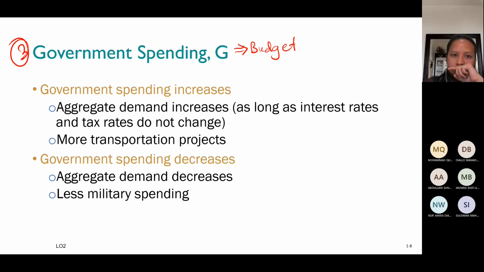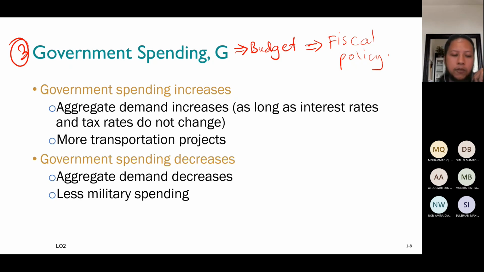Okay, and basically this is related to fiscal policy. Okay, how much the government spends and how much the government collects in taxes. Okay, and in some special occasions, the government may also alter their budget.